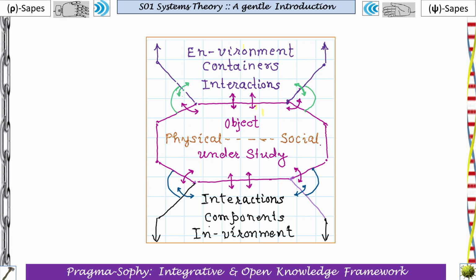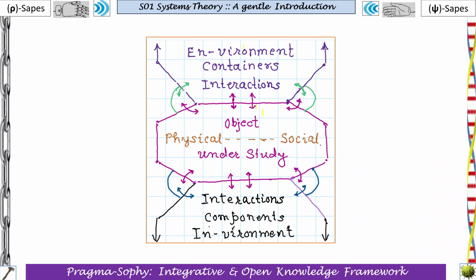Between the object and its environment, the diagram shows interactions. These interactions have been shown as double-headed arrows. These remind us that the object and its environment influence one another. It is not a one-way link.